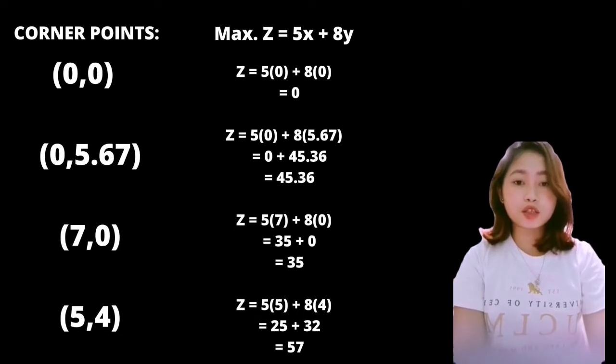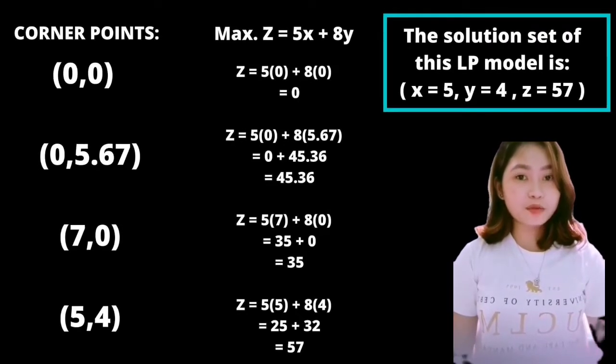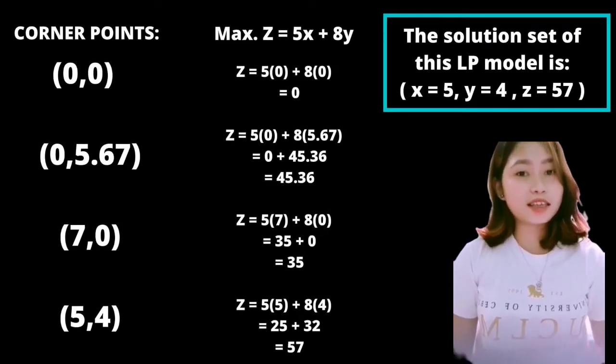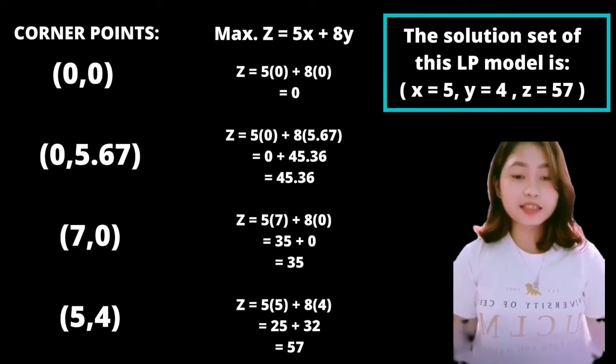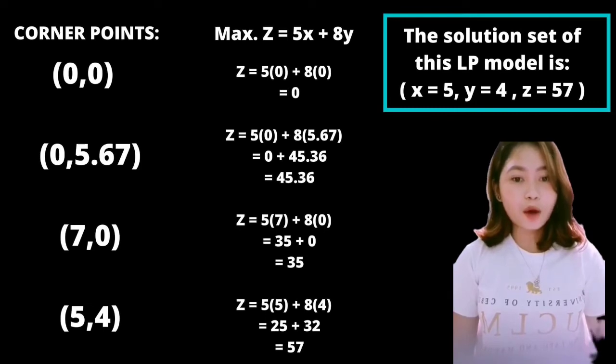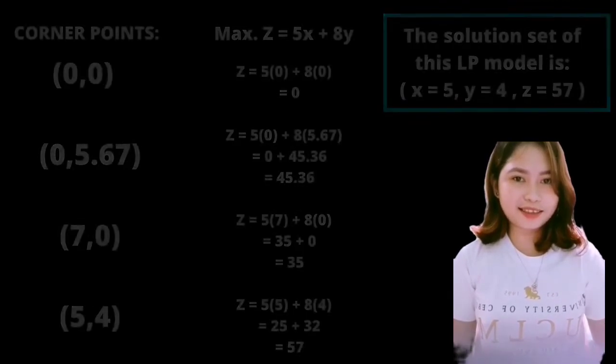So Z equals 5 times 5 equals 25 plus 8 times 4 equals 32. So 25 plus 32 equals 57. Since the problem is looking for the maximum value, as you can see in the table, the solution set of this LP model is x equals 5, y equals 4, and Z equals 57.